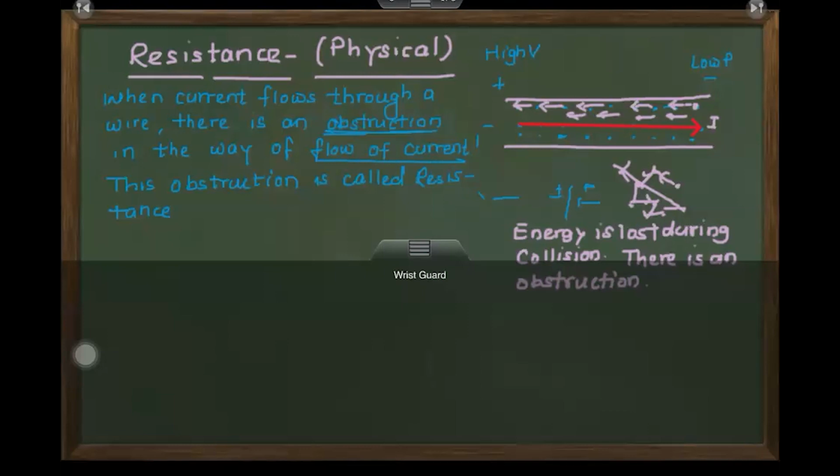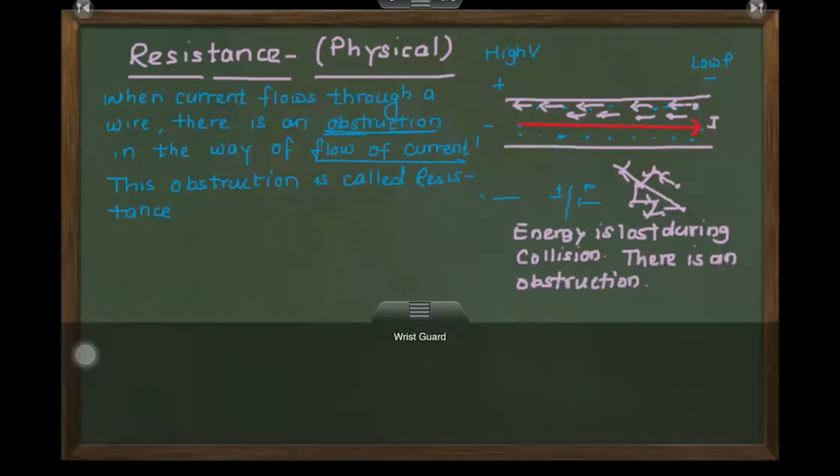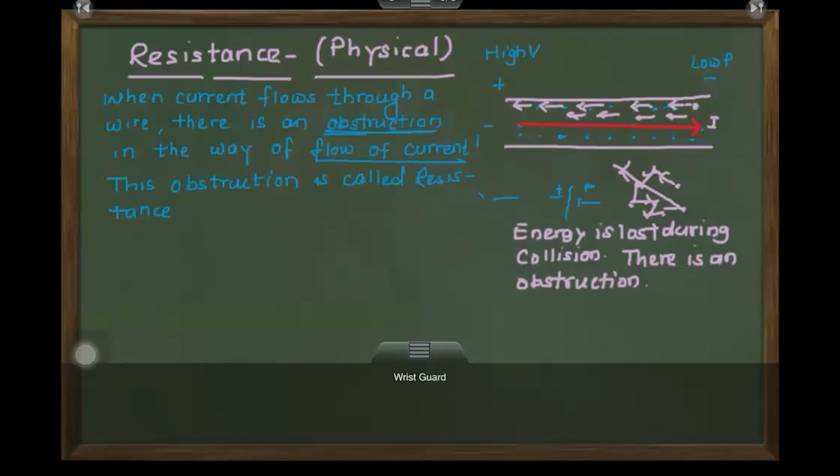Resist also means to oppose, to obstruct. So the name resistance has the same meaning as obstruction in the way of flow of current. Now we are coming to its numerical definition. When we come to its numerical definition, we have to take help of Ohm's law.